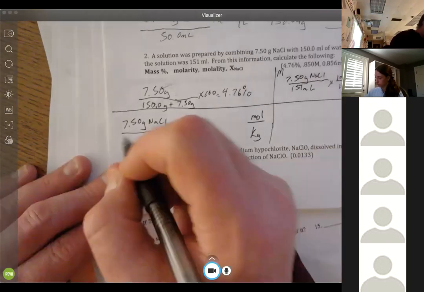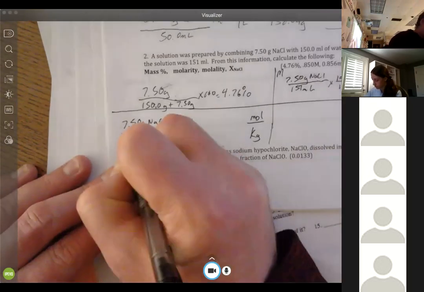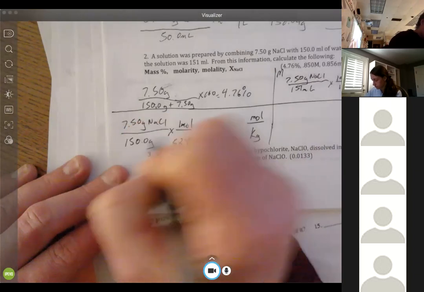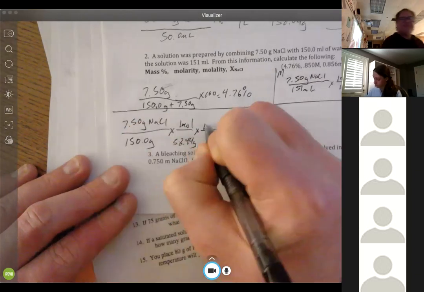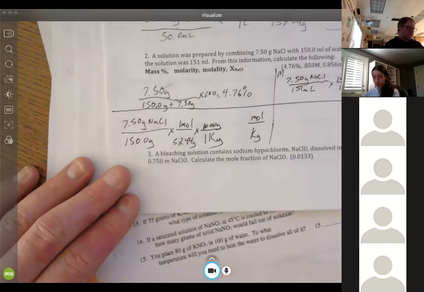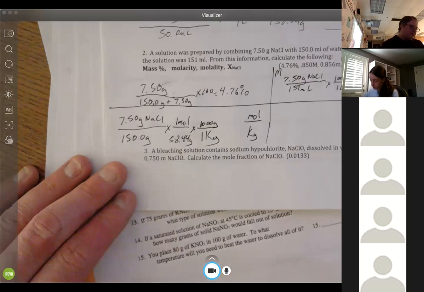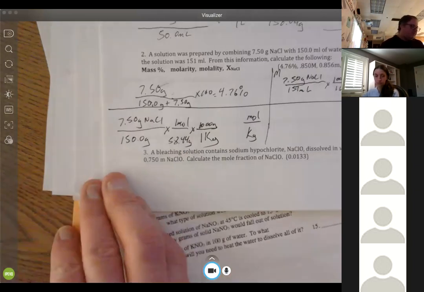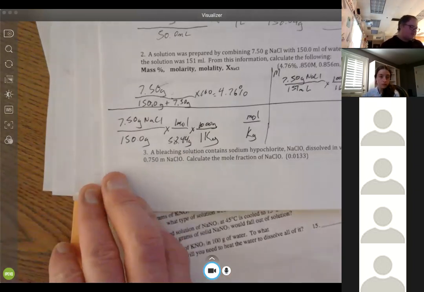Right? And then every 1,000 grams is 1 kilogram. 7.50 divided by 150 divided by 58.44 times 1,000.